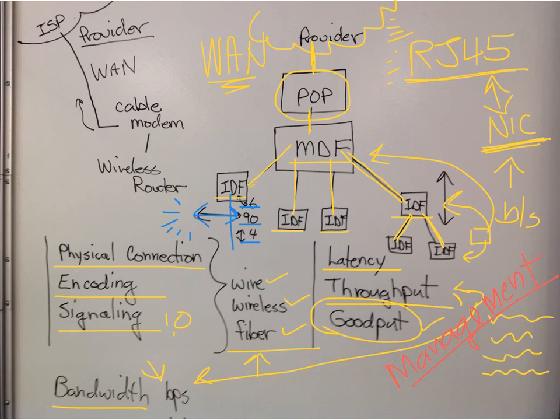Vertical runs are between wiring closets, or between main distribution facilities and intermediate distribution facilities. Okay, and then to the POP, these are all called vertical runs. Thought of as vertical, and these are thought of as being horizontal runs. We'll review that again on Wednesday.